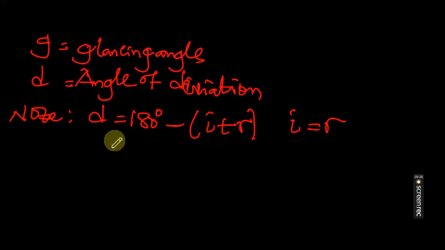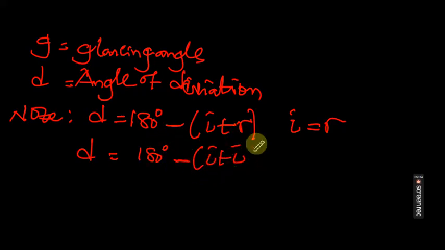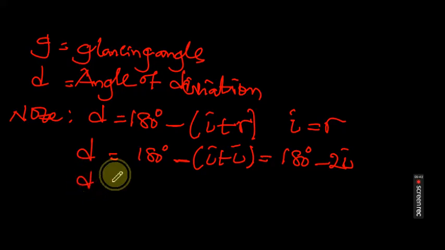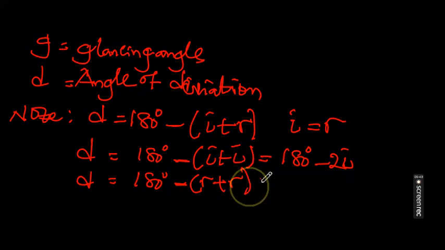So deviation could be 180 degrees minus (I plus I), which will give 180 degrees minus 2I, or deviation is 180 degrees minus (R plus R), which will still give 180 degrees minus 2R.